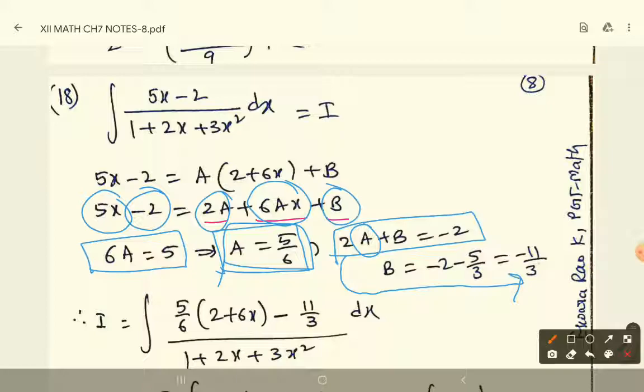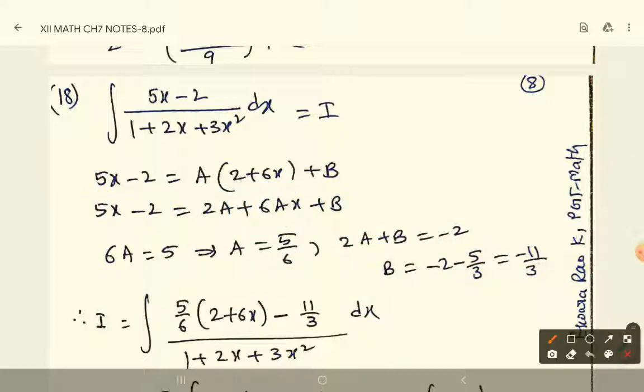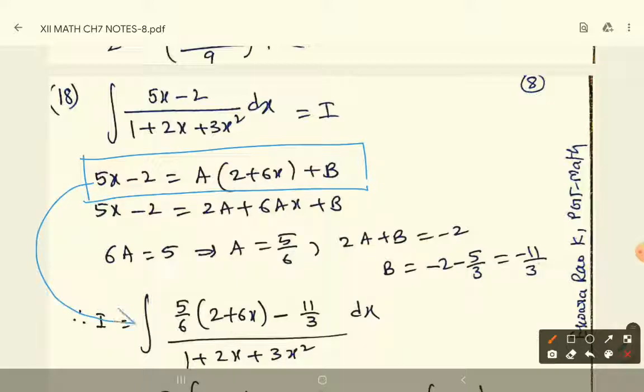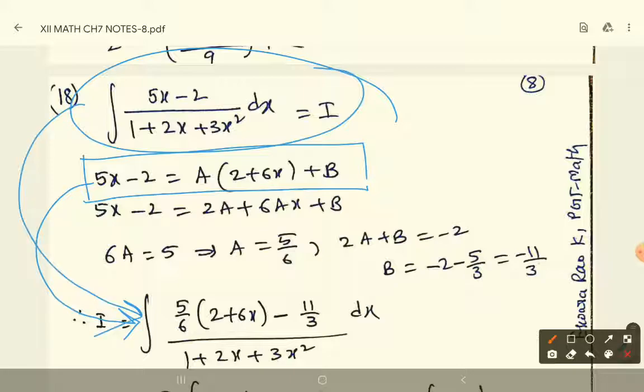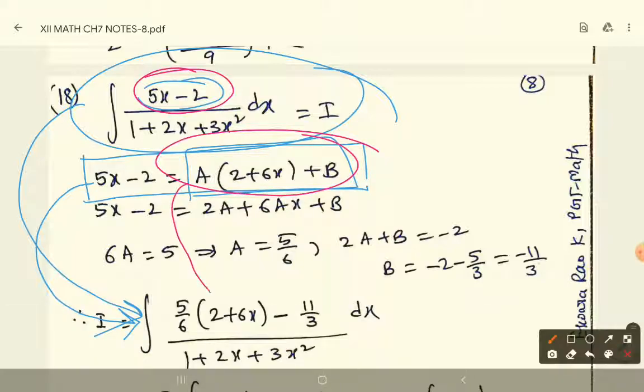Understood? Then we wrote the numerator as a into derivative of the denominator plus b. Write this one like this. Because 5x minus 2 is nothing but this one. So it is a into 2 plus 6x minus 11 by 3.